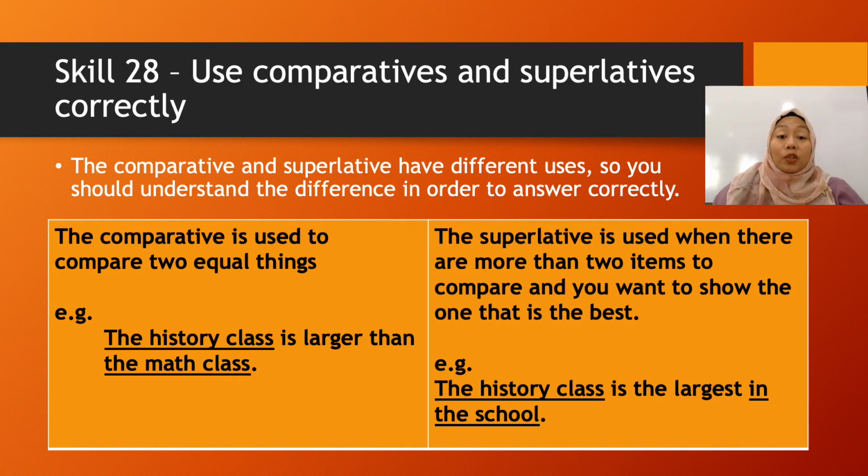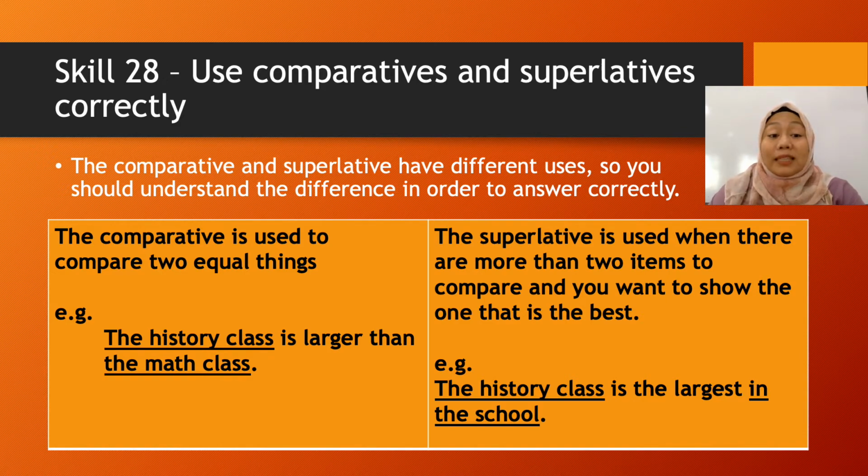Okay, now that you already know how to form superlative and comparative, let's learn how to use it in a sentence. The comparative and superlative have different uses, so you should understand the difference in order to answer the TOEFL test correctly, especially dealing with comparative and superlative. All right, let's take a look at the example here.